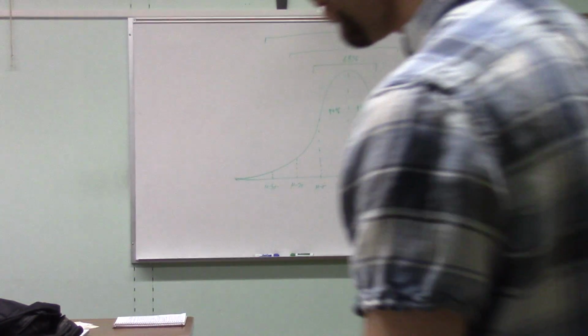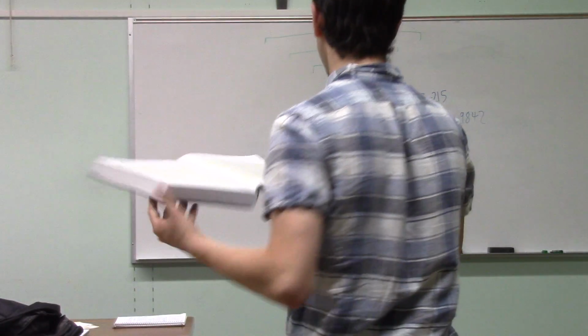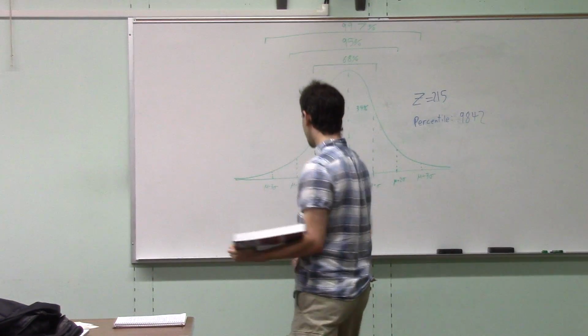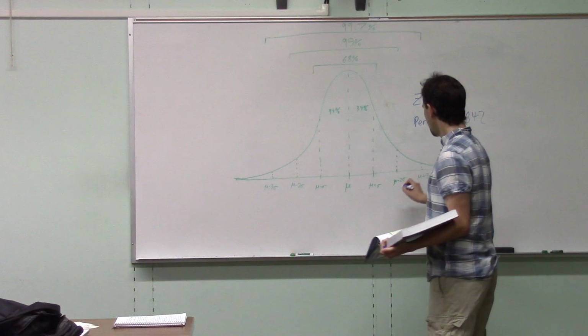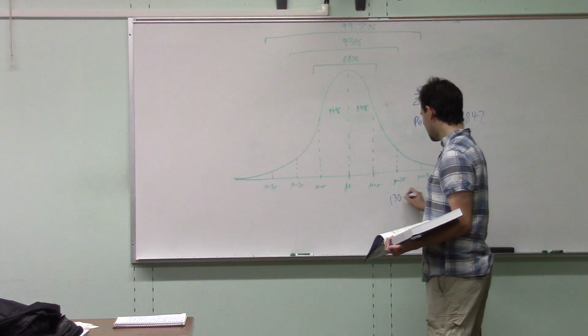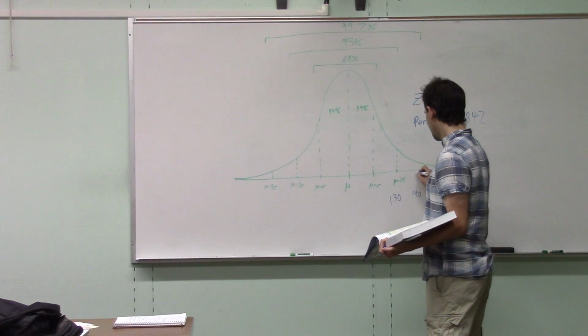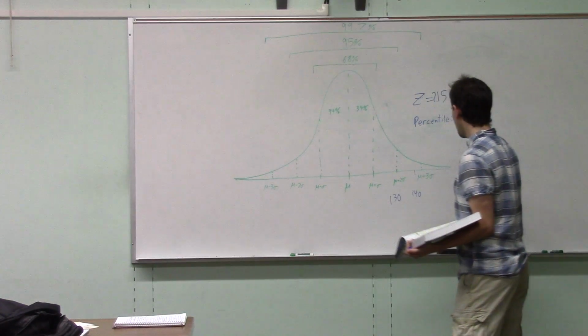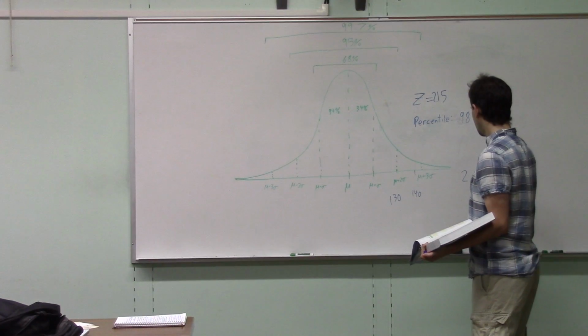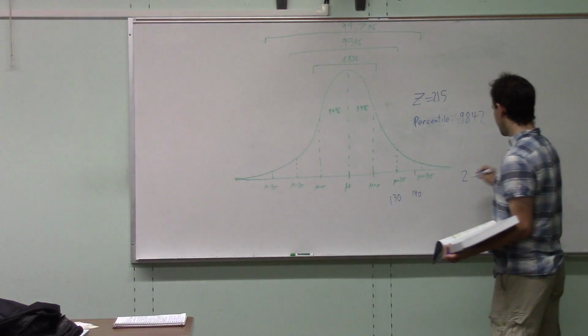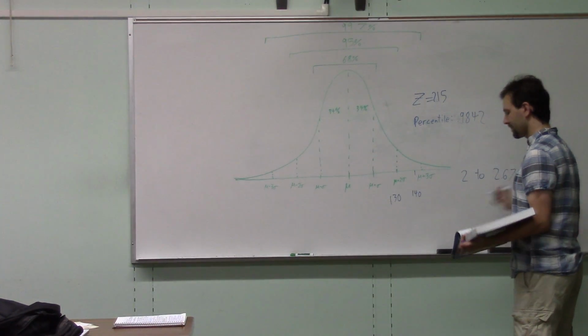Oh, let's do one more thing. Let's say I wanted to know what percentage of people can be expected to score between 130 on the IQ test and 140. So that's between a z-score of 2 and a z-score of 2.67.